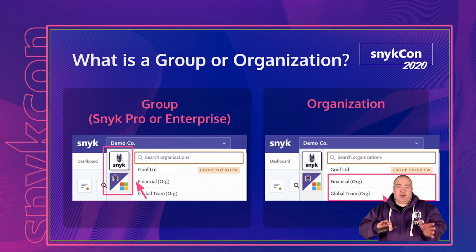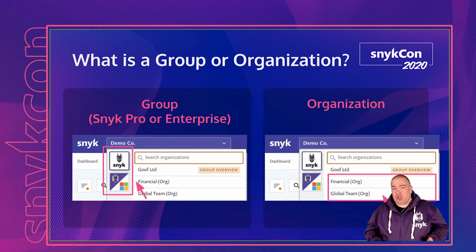Under that, and that's what you're going to see over here on the right-hand side, is what we call an organization. So an organization is where you put your, basically your projects in Snyk. So that's where you would onboard your projects from GitHub, from your CI/CD environments, from Kubernetes and so on and so on. And the idea there is that each group would have potentially one or many organizations under it.